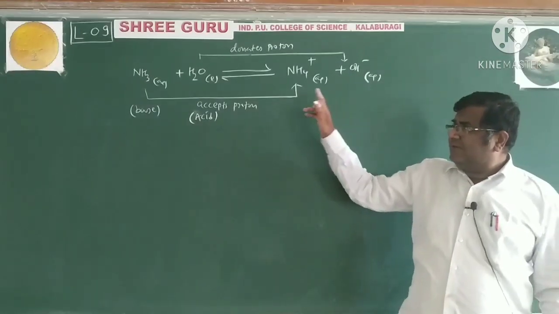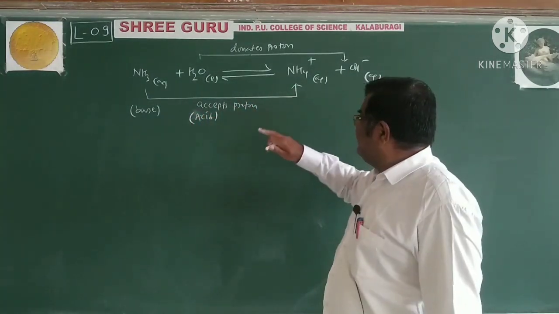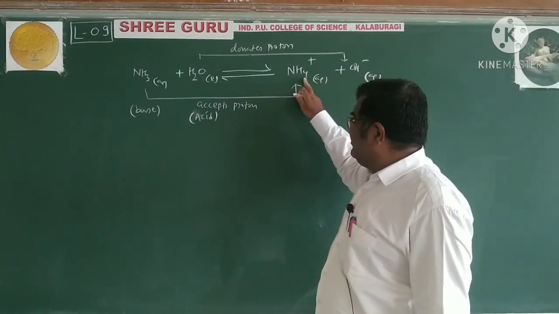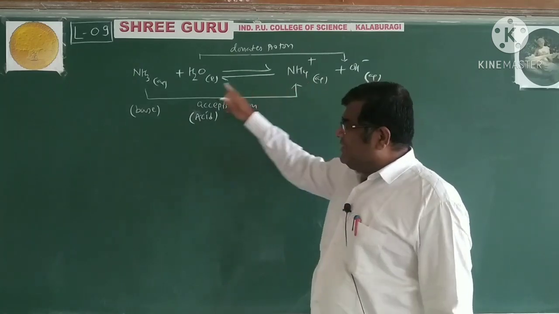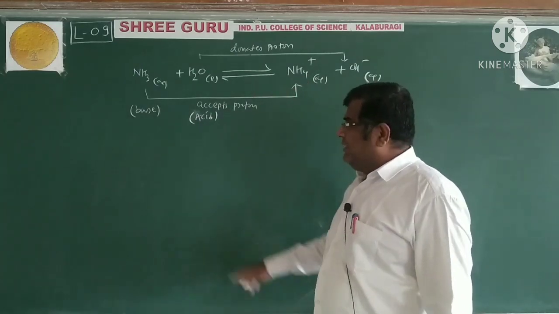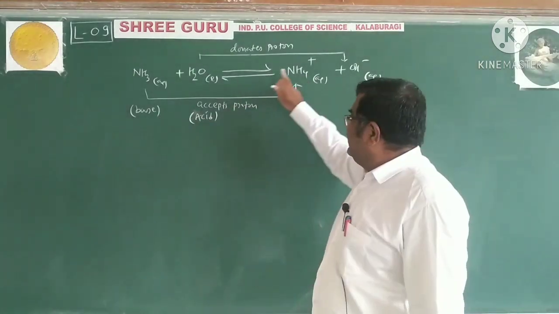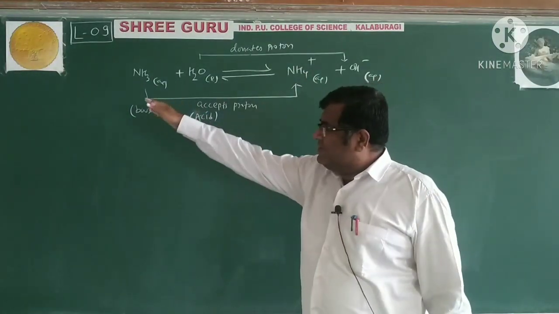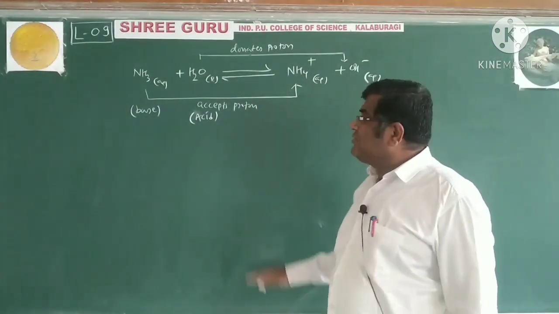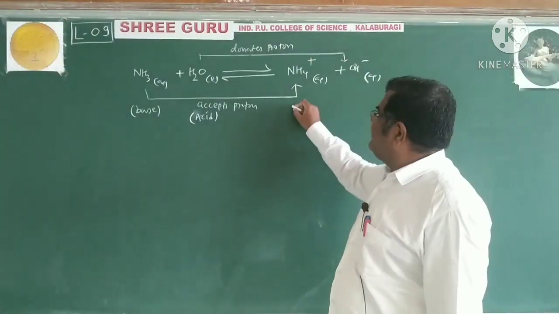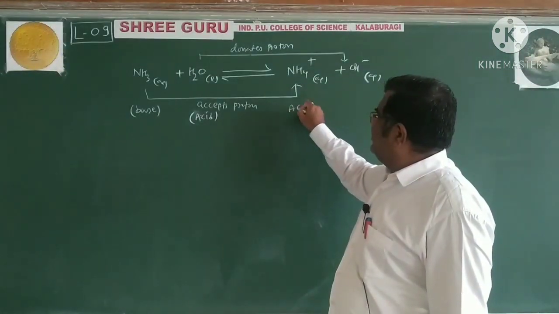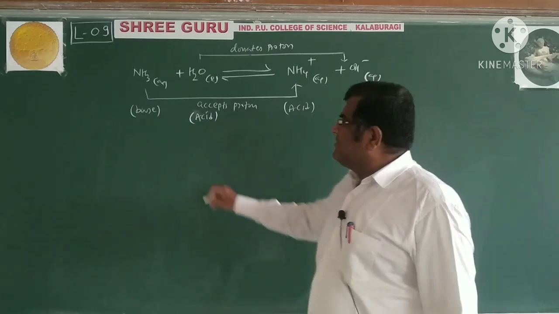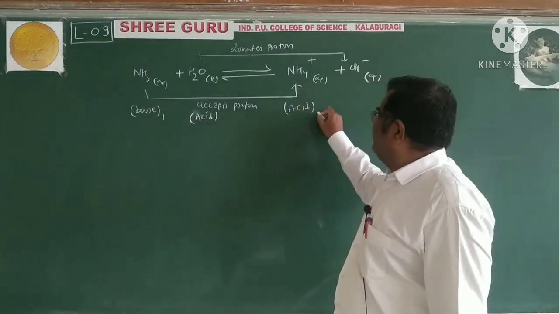If we compare NH4+ becoming NH3, it means it is donating a proton. That's why it is again an acid. If this is base 1, this is acid 1.